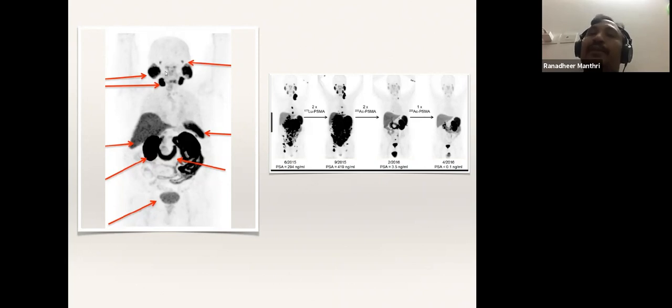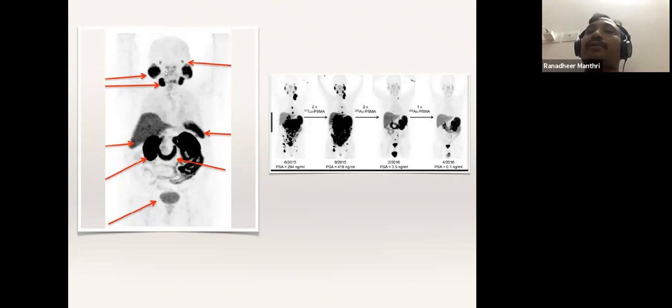It is excreted through the kidneys, and sometimes the spleen also shows a significant amount of localization. And this patient, prostate cancer, PSA more than 294, after giving 2 cycles, it has further progressed. But upon treatment with actinium PSMA, that is alpha particle emission, after 3 cycles the PSA is decreased or undetectable. So this is what we are targeting.